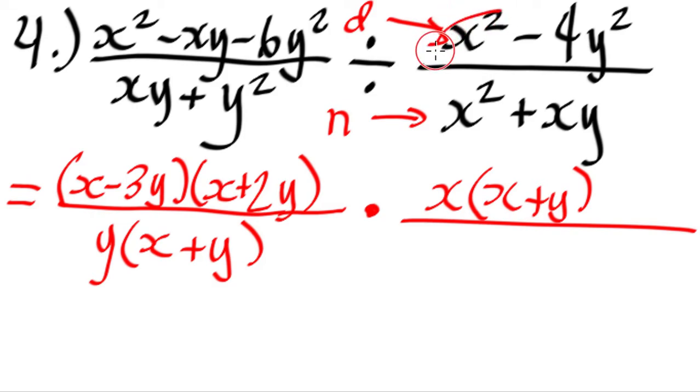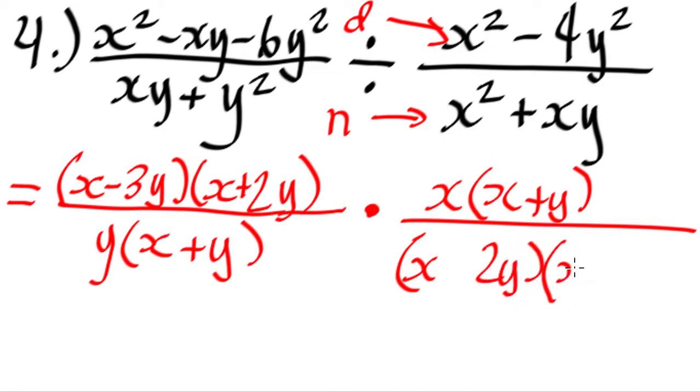Since this is a perfect square, and this is a perfect square, and there's a minus sign between them, we can apply the difference of two squares. So what will it be? We have x and 2y, and we also have x and 2y here. Then we put a plus and minus sign between the two.